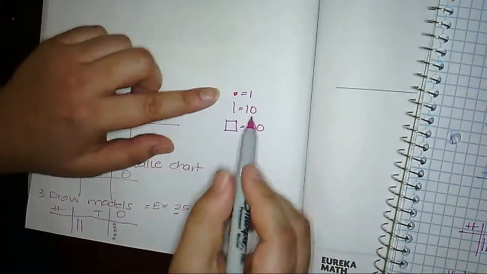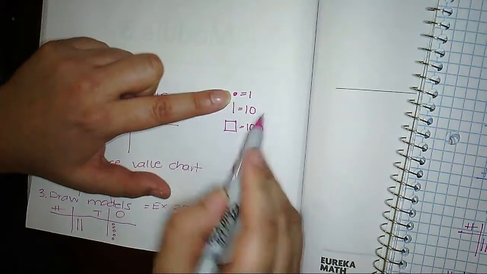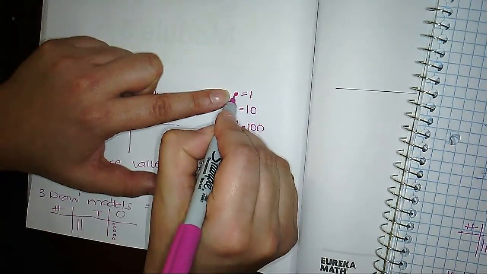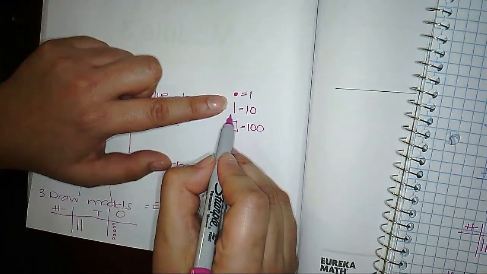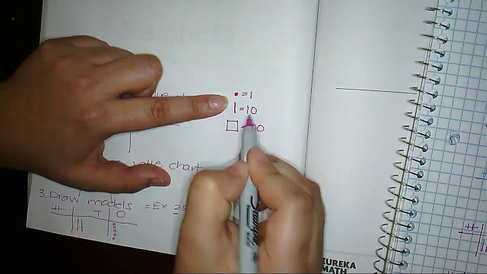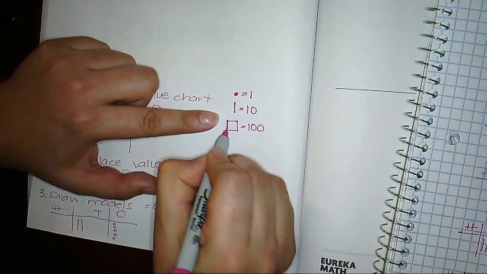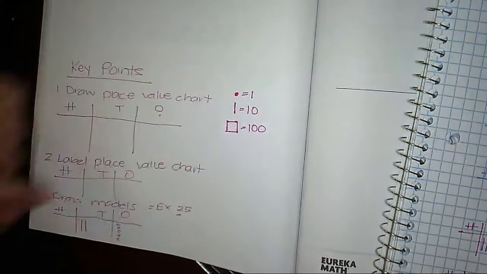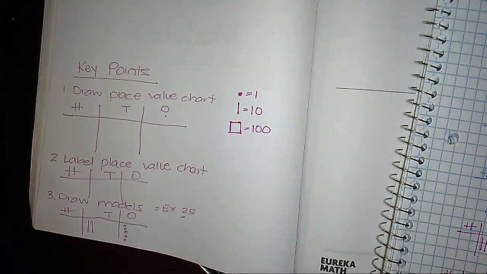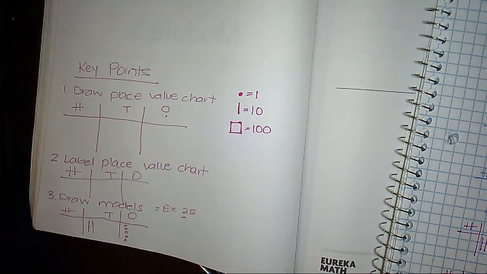Let me repeat that. When you want to draw or model the ones, you write a dot. When you want to draw or model the tens, you do a little line. And when you model hundreds, you make a little box, boys and girls. And the last thing that I want us to review and remember is something that Moby taught us.